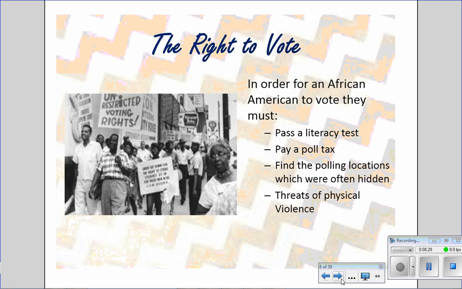And there were crazy things to keep them away from voting, like hiding the polling places. And as you know, we've talked about the KKK, and threats of violence and intimidation were used.